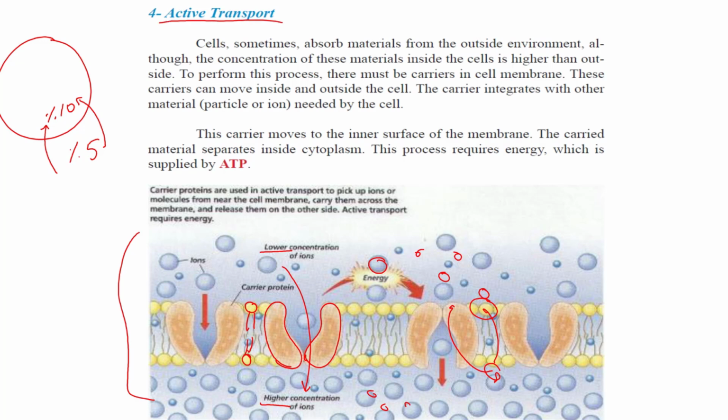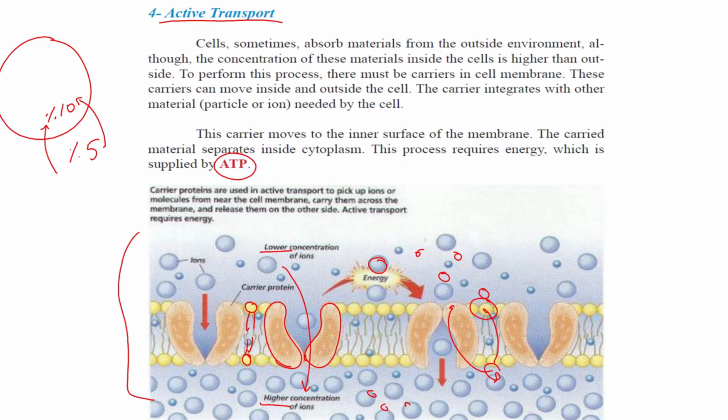Another question is the comparison between active transport and diffusion. You remember we said in diffusion materials move from a high concentrated medium to a low concentrated medium, while in active transport material moves from a low concentrated medium to a high concentrated medium. In diffusion, energy is not used, but in active transport, ATP energy is used.